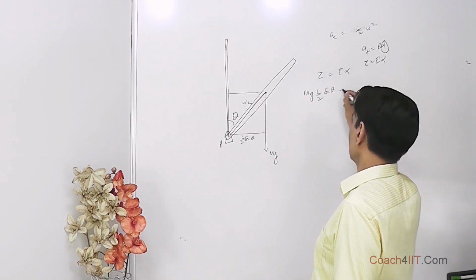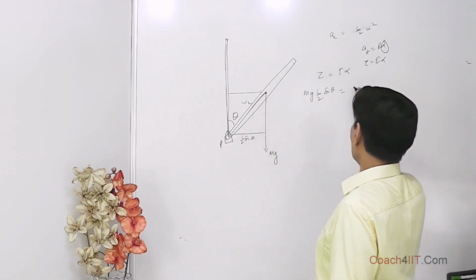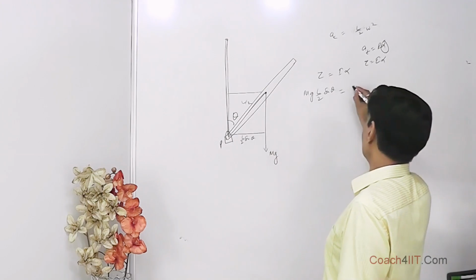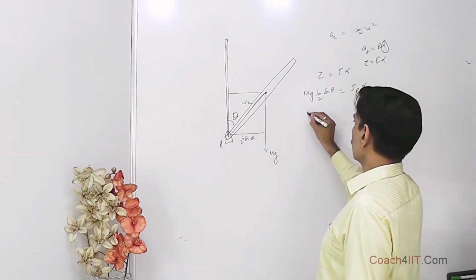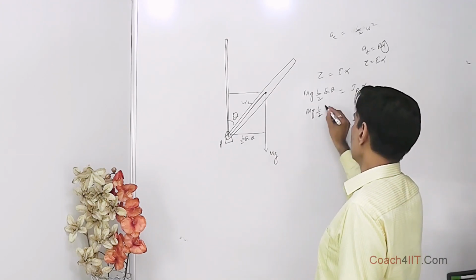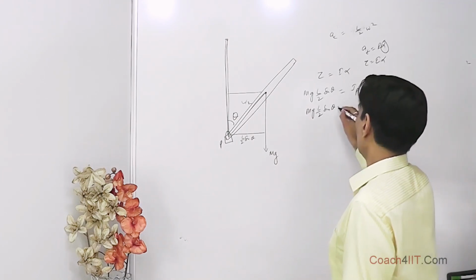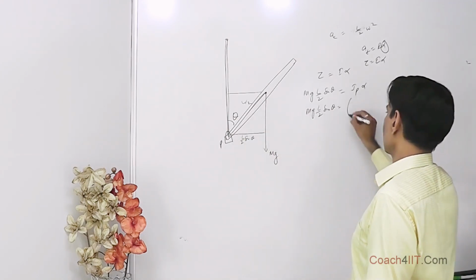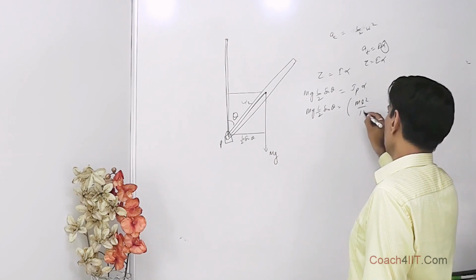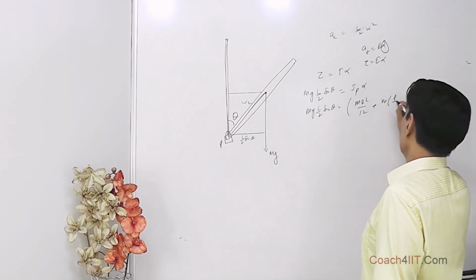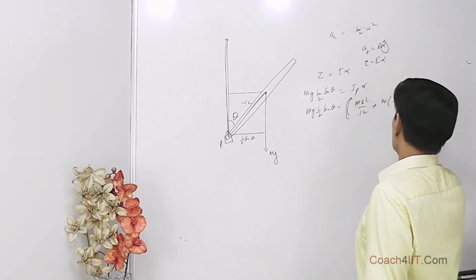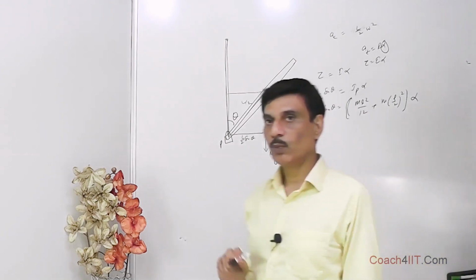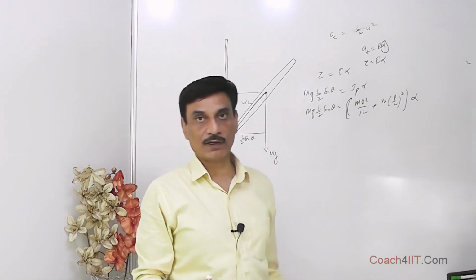Torque is equal to I alpha, with I about P only. So mg into L by 2 sin theta is equal to I_P, and once again we can use the parallel axis theorem: mL square by 12 plus m into (L by 2) square, times alpha. We get the value of alpha from here.